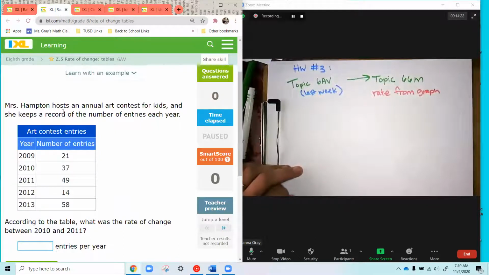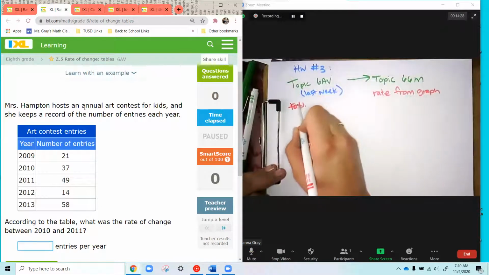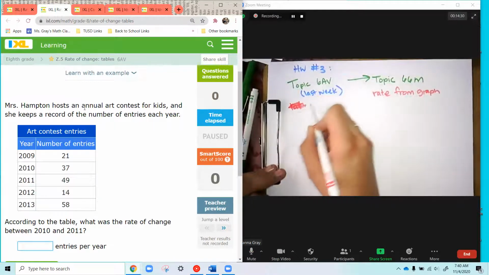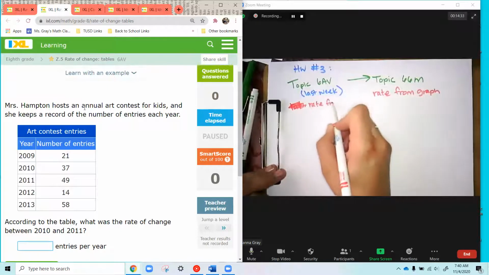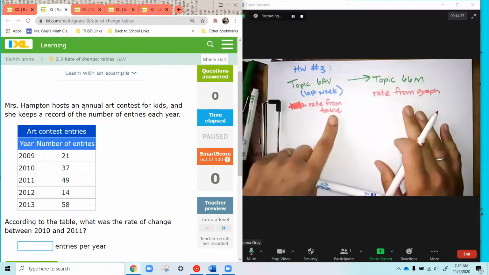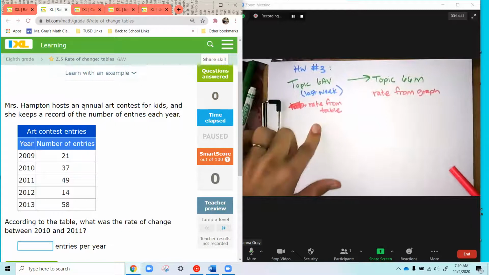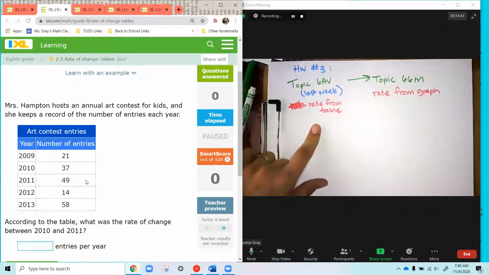So if you haven't done it yet, maybe this is a good reason to do it because you watched me do it and it seemed easy, which was finding a rate from a table. So these are basically the same idea. It's just 2 different representations. So let's review this one by looking at the example over here.